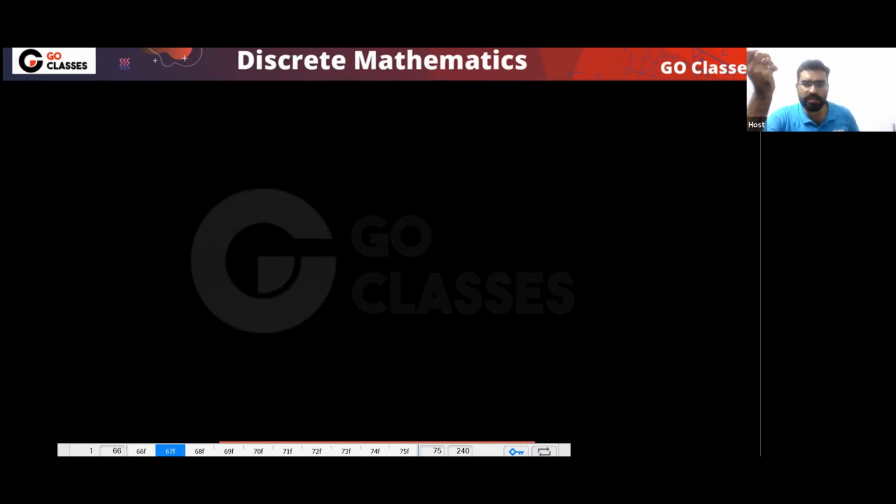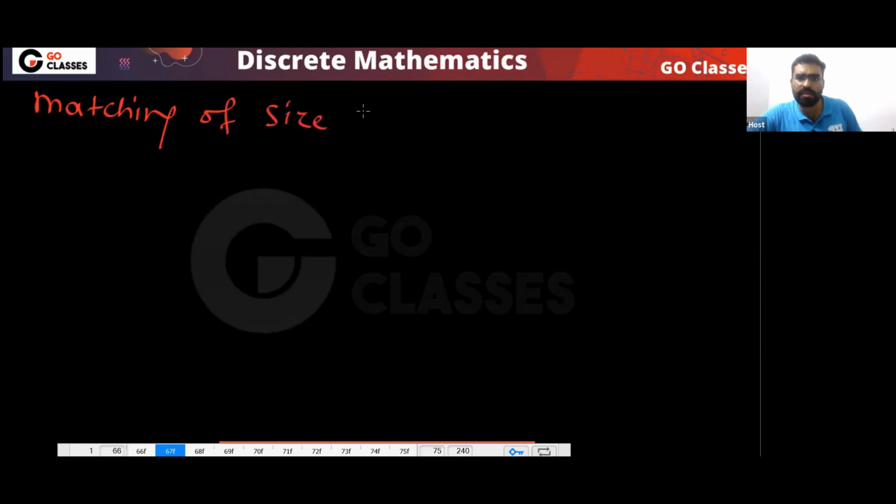So how to prove this? This is very interesting, and also very simple. Let us assume you have a matching of size 3. What does it mean?